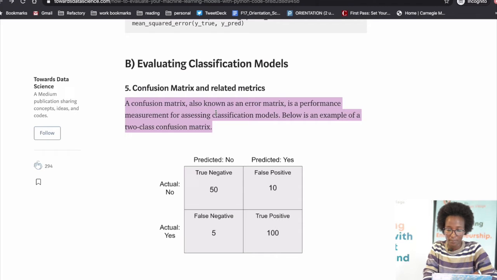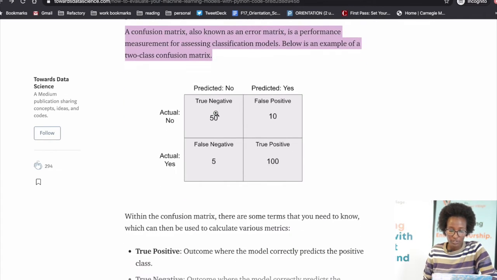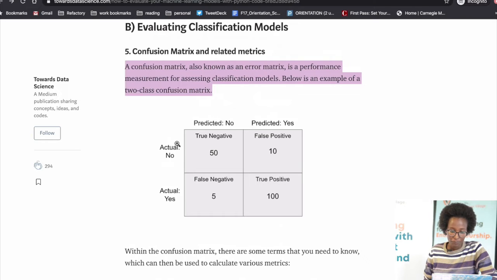So below is an example of a 2-class confusion matrix. What a confusion matrix tells you is how many true negatives, false positives, false negatives, and true positives there are. If the actual value is no, how many of them were predicted to be no? That means it's a true negative.